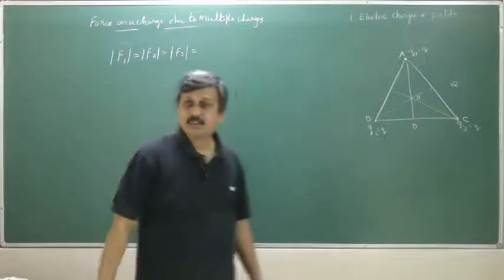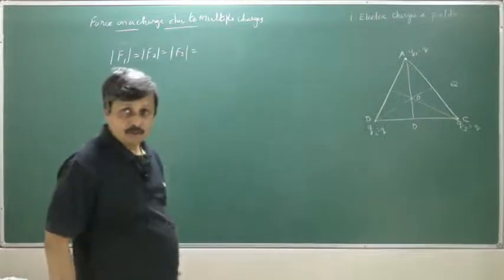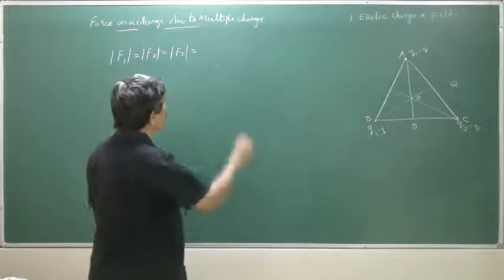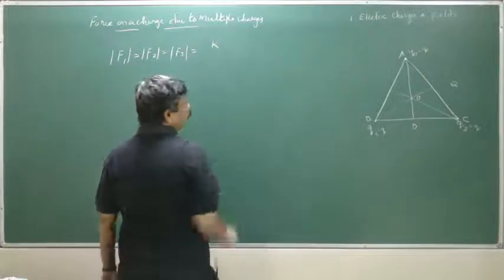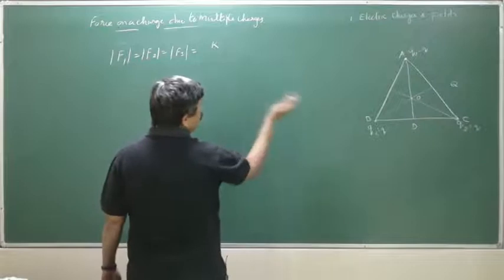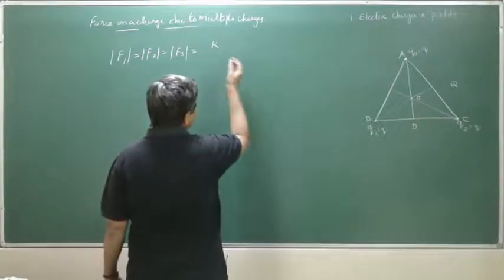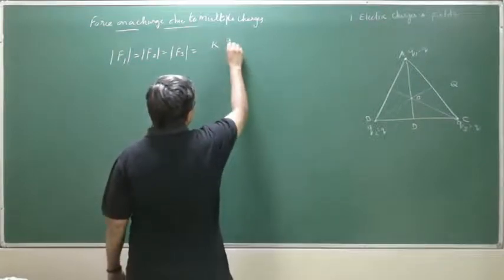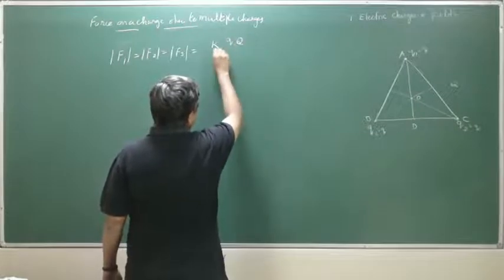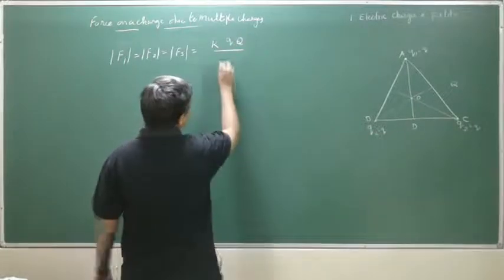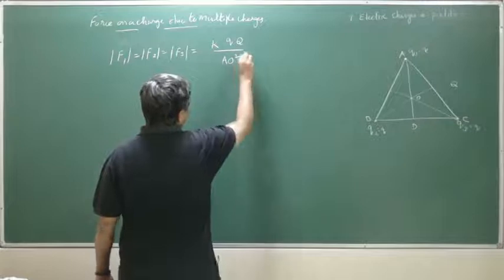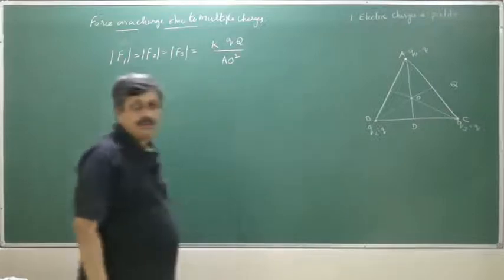That will be equal to K into Q1, Q2, which in this case is small q into capital Q, divided by the distance AO square. This is the magnitude.